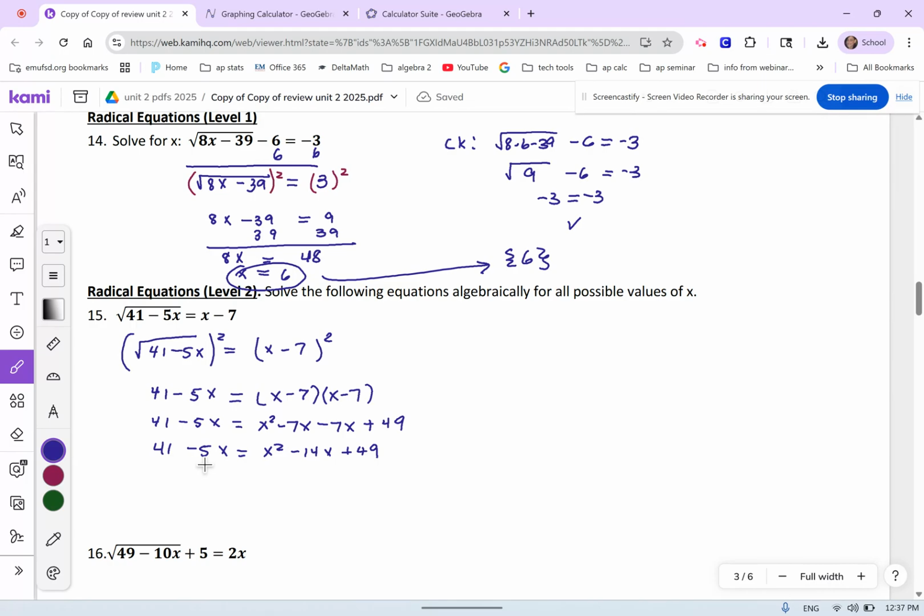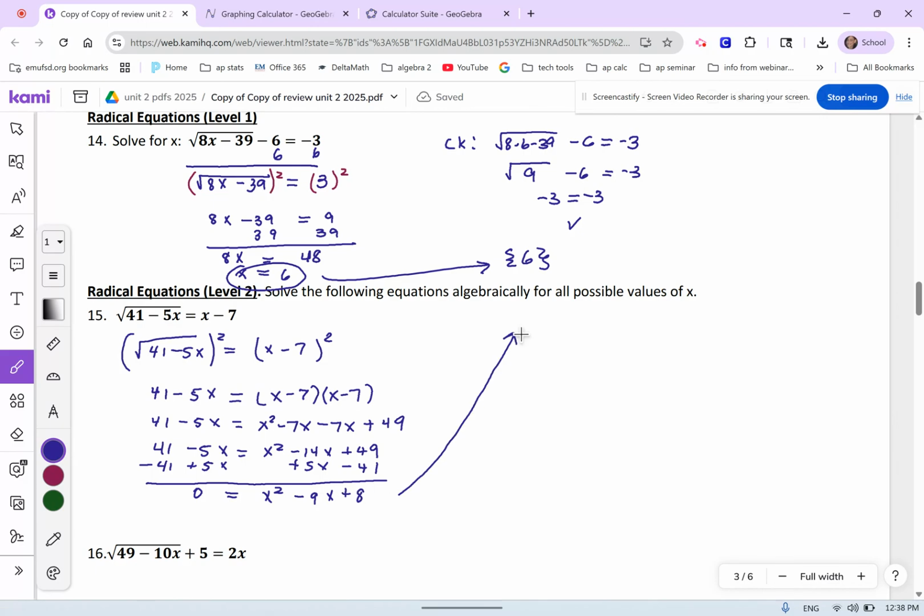This is not in standard form, so to put it in standard form, I'm subtracting 4x and adding 5x to both sides of the equation. When I do this, my left-hand side becomes 0, and the equation becomes x squared minus 9x. 49 minus 41 is 8.